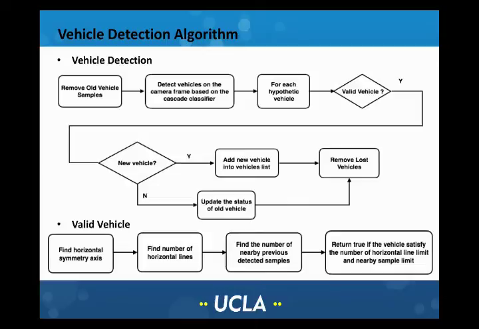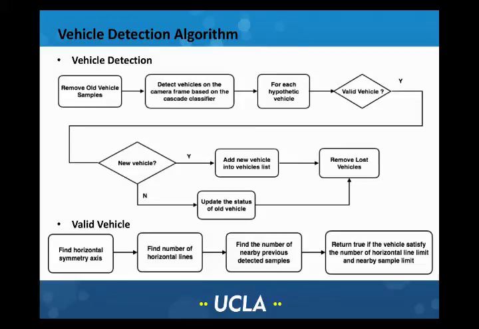Firstly, we find the horizontal symmetrical axis in the vehicle region, and then find the number of the symmetrical horizontal lines of the vehicle. We also find the number of the nearby previously detected samples. The valid vehicle function will return true if the vehicle satisfies the horizontal line limit and also the nearby sample limit.